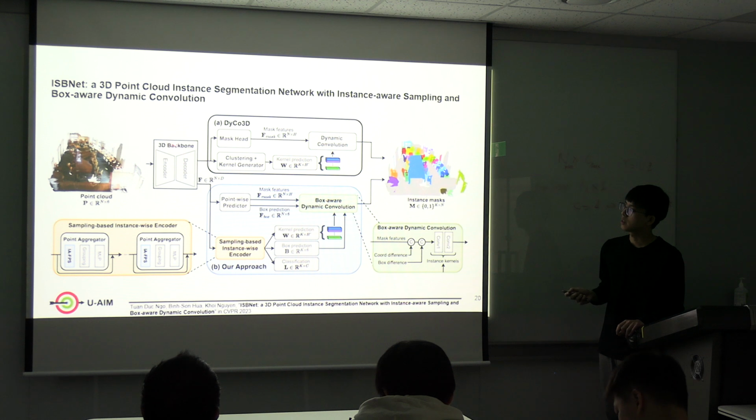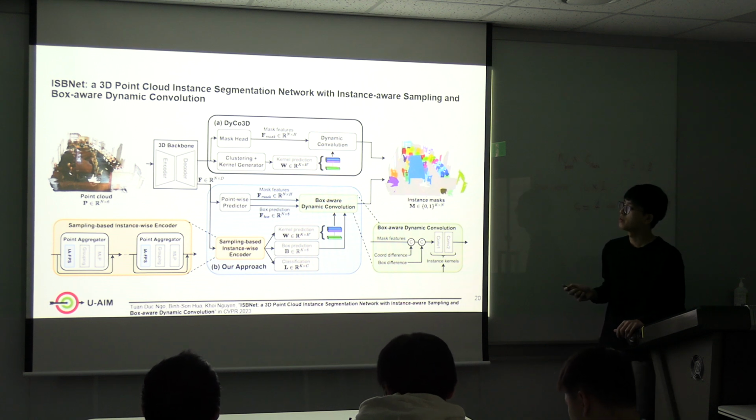After you apply the backbone, you will have the point feature here, and the offset and semantic you will use for the clustering and kernel generation. After you obtain the kernel for each input, you will use that for dynamic convolution to generate the instance mask.